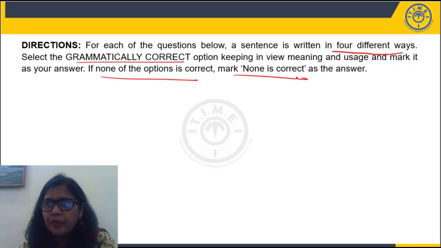So, I'm sure before you take any such test, you must revise everything that you've done. And one part of your revision should be to revise the grammar rules.